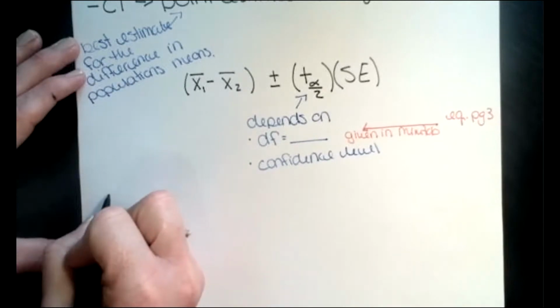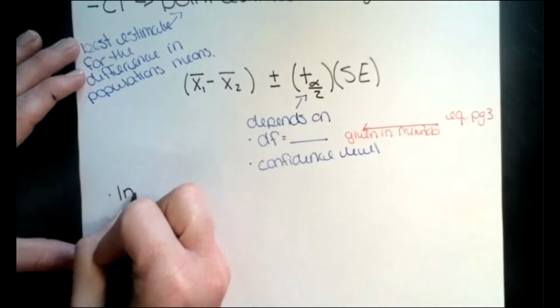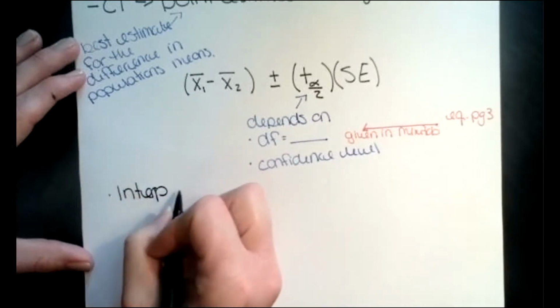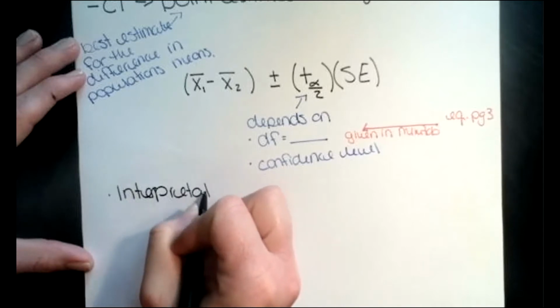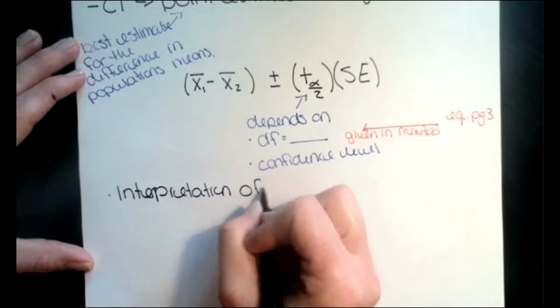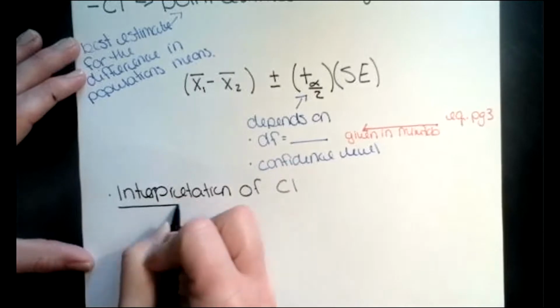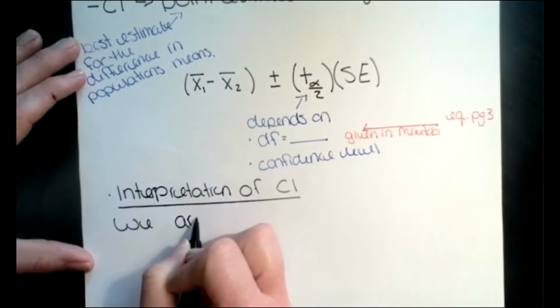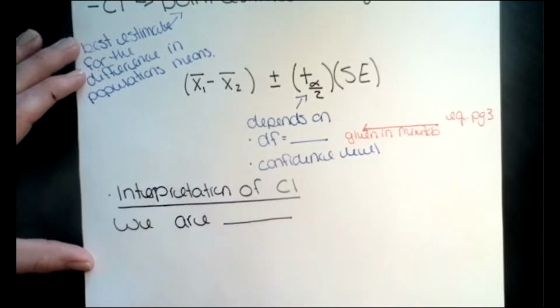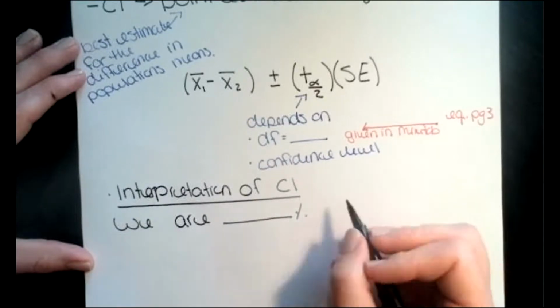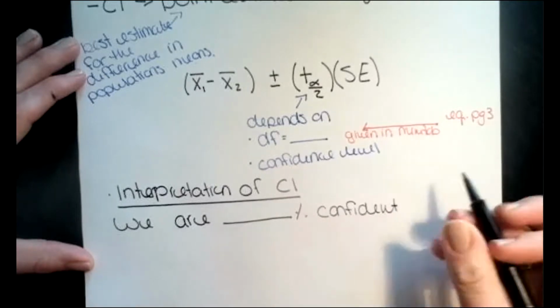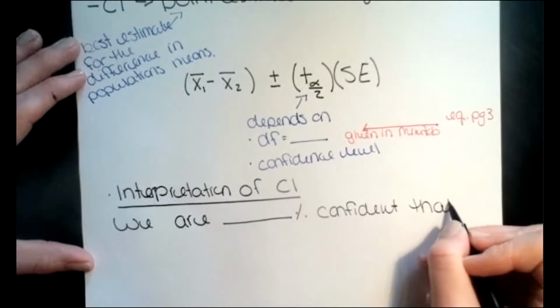So here for my interpretation of my CI, we're going to start it out all the same. So whatever my confidence level is, percent confident. Remember, you can write it any way you want. I just like to give you a template.